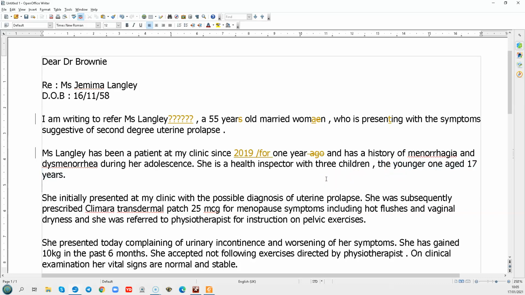So that's interesting, but is it directly relevant or pertinent? And do we need it this high in the letter? And if you want to talk about her occupation, usually you do name, age, and occupation. Writing to refer Miss Langley, a 55-year-old health inspector. That's how you would usually do it.